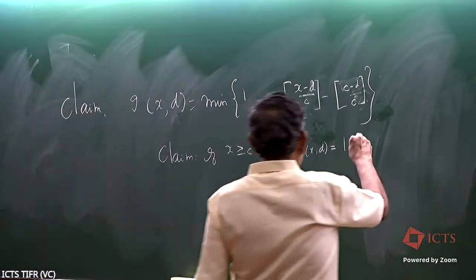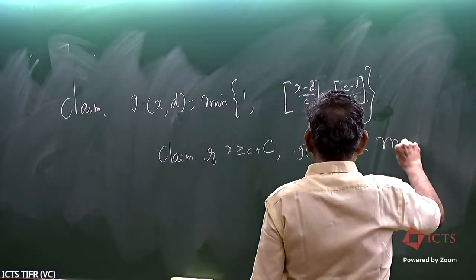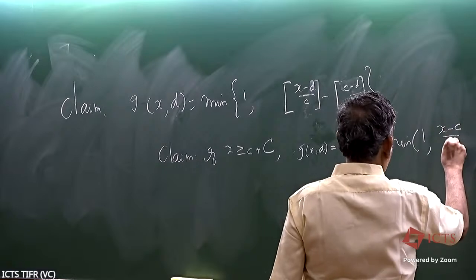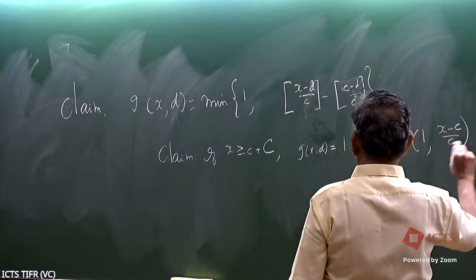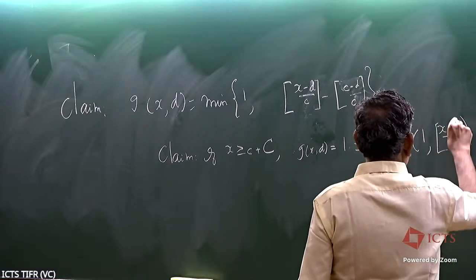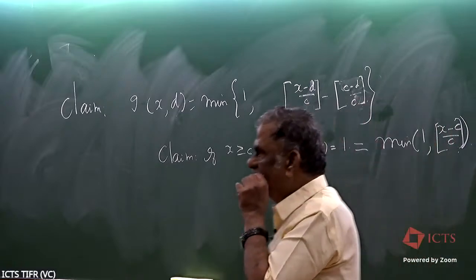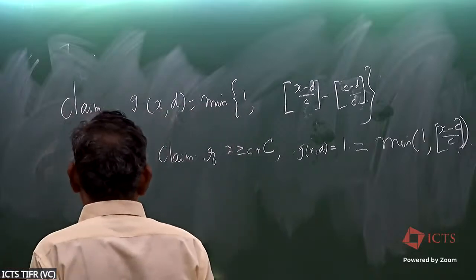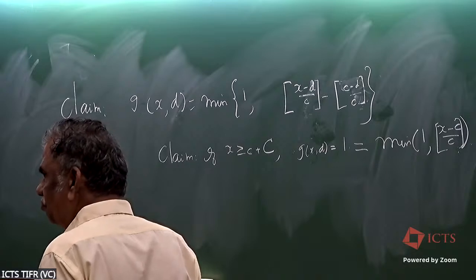And therefore, this is something which I will write for some technical reason. Minimum of 1 and (x minus c) by c, because when x is bigger than or equal to c by c, then of course the minimum is 1.